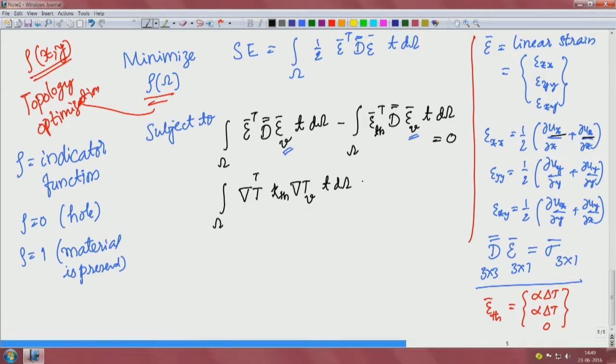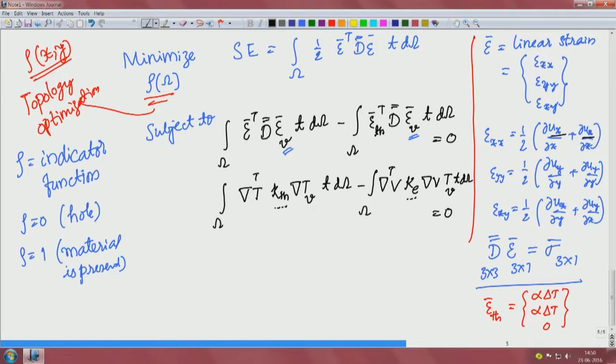But temperature actually comes from the heat generated. So, we have to write that also here, which is also an integral over the entire domain. That will be del transpose T, K electrical, that is, here it was thermal conductivity, it will be electrical conductivity, into del V. Actually not T, that should be V, this is the Joule heating, del V, and then we will have this T v here, and then the thickness.